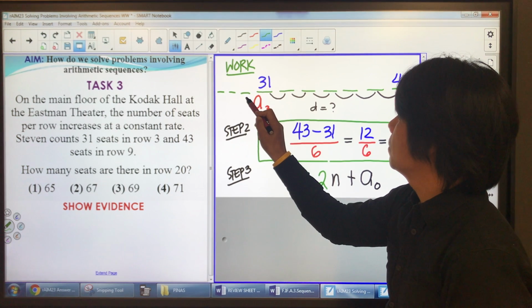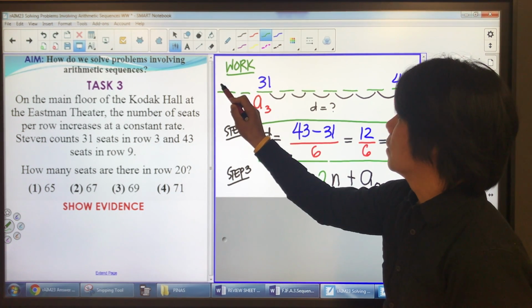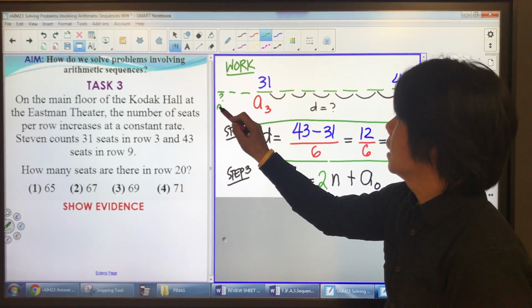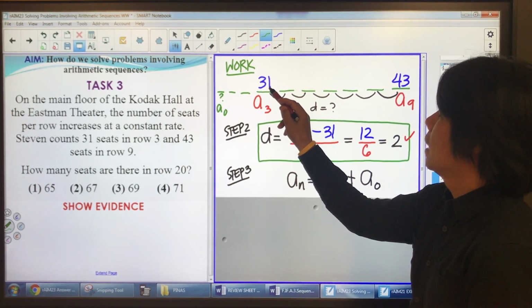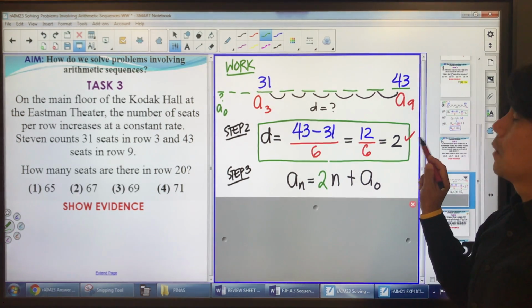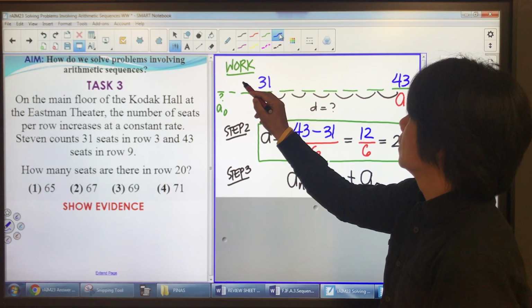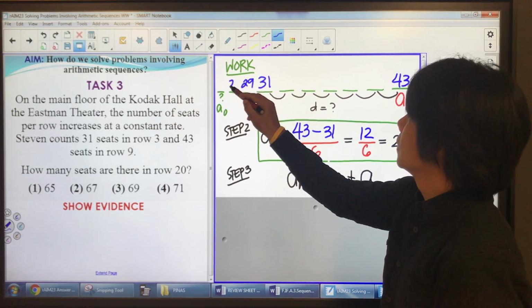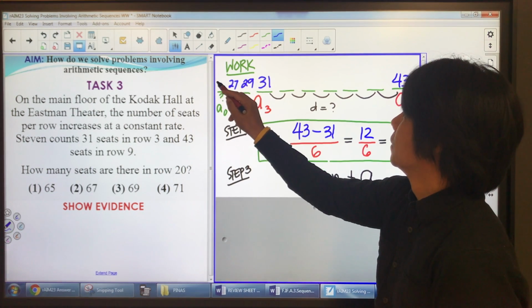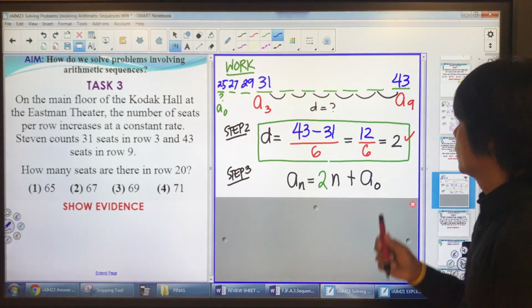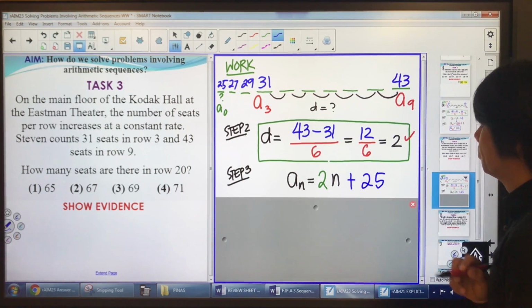Because this is a sub 2, a sub 1, then that's a sub 0. That's your a sub 0. And what is that? So this is 31, and the common difference is 2. So we move backward. So this is 29, 27, and that's 25. Right? So your a sub 0 now is 25.